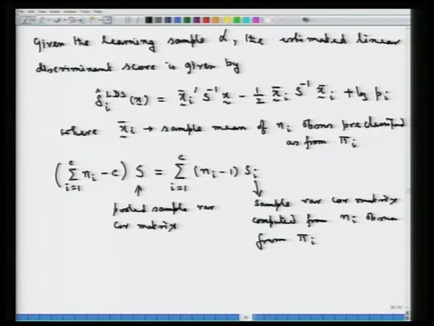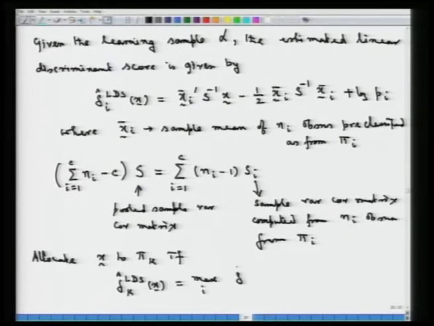Based on this, the rule is to allocate x to pi k if we have this delta k cap linear discriminant score corresponding to this x to be the maximum over all I of all such estimated linear discriminant scores at this point x here.